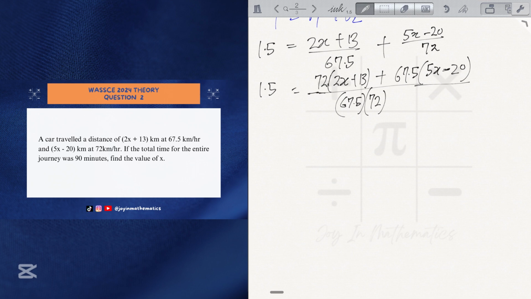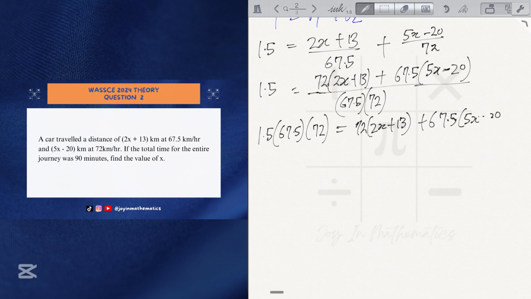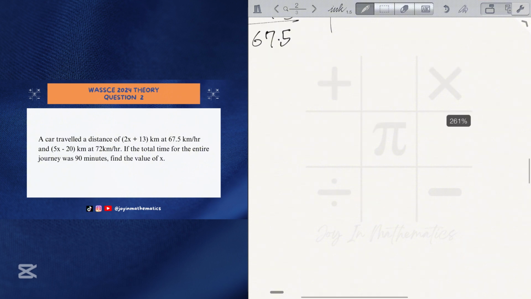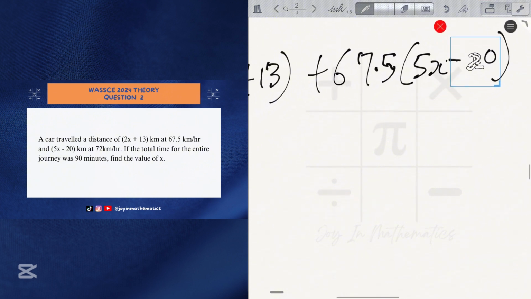Now we can cross multiply. The left hand side will be 1.5 multiplied by 67.5 multiplied by 72, which equals 72 into 2x plus 13 plus 67.5 into 5x minus 20. All we have to do now is open the brackets and simplify further.